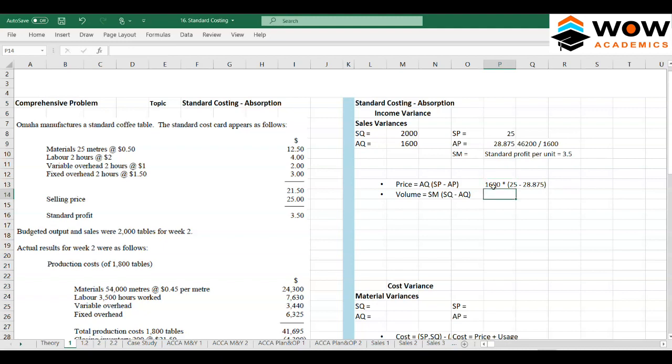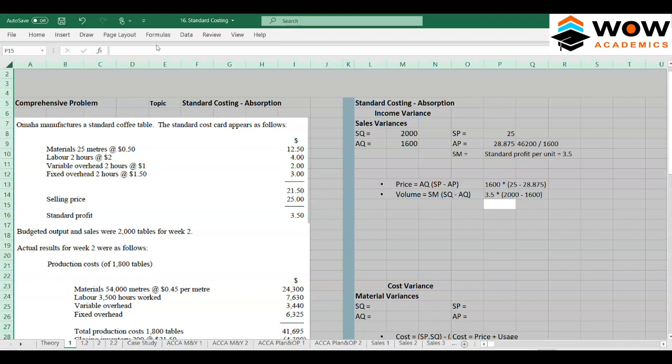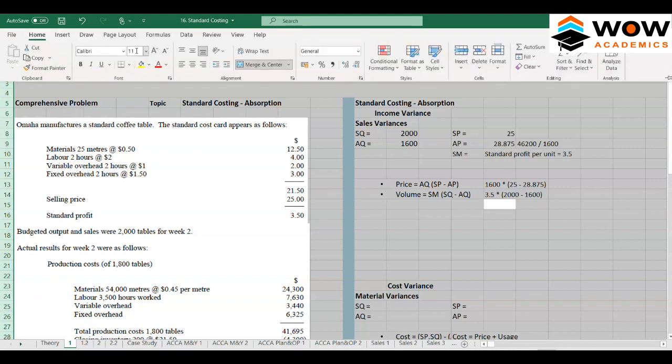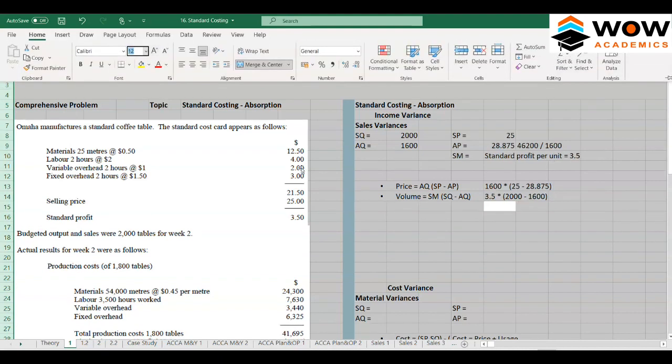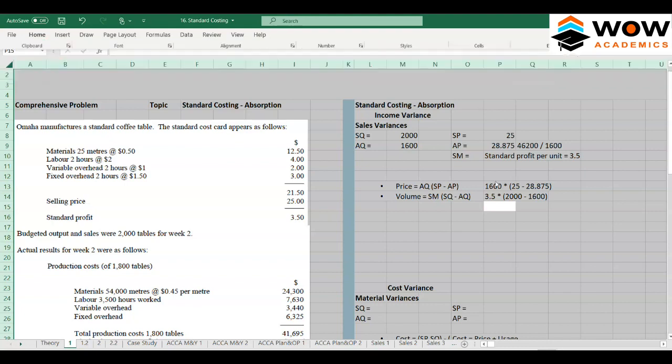Next one is SM, standard margin, which is 3.5, into SQ, standard quantity, minus AQ, actual quantity. So now solve it.